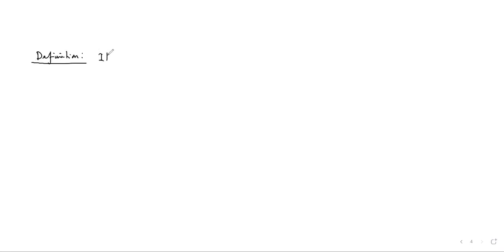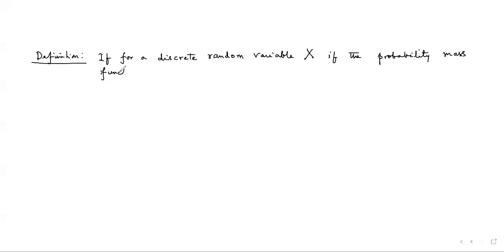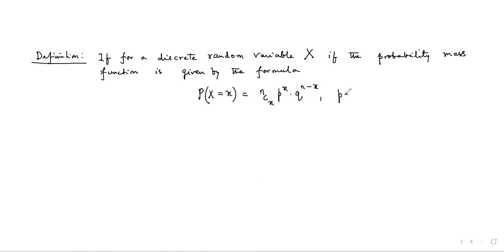We can say that for a discrete random variable capital X, if the probability mass function is given by the formula, probability of X equal to small x, which is nCx p to the power x q to the power n minus x, where p plus q is equal to 1 and x is taking values from 0, 1, 2 up to n, and 0 otherwise.